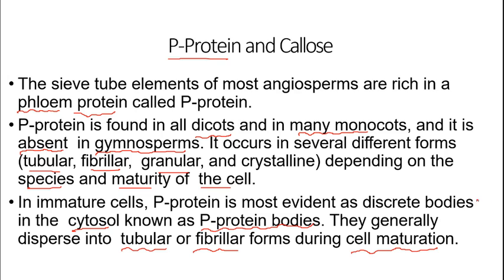This is just a general idea, basic knowledge. What we need to know is that P proteins are absent in gymnosperms. They are present in all dicots and many monocots.